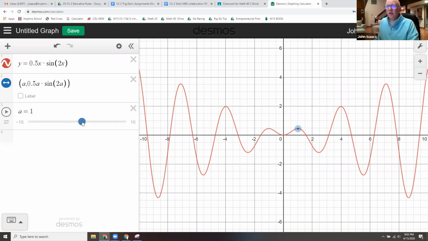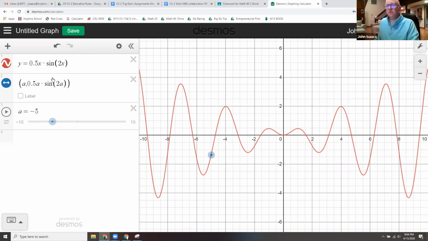And what we have here is as we move our slider up and down, our dot over on this side actually follows the function we have because as the x value is -5, the y value would be 0.5 times -5 times sine of 2 times -5.